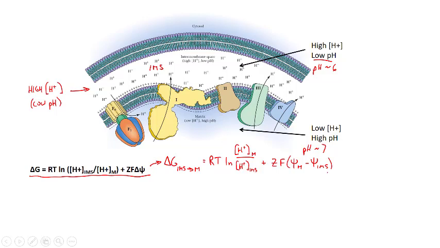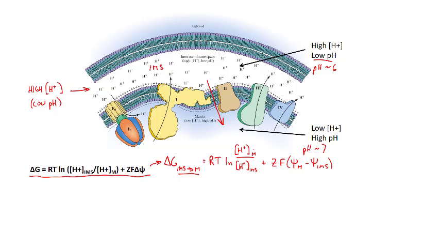All right, let's have a look at this equation right now. So we said that this is the free energy of moving from the intermembrane space to the matrix. So in other words, the opposite of the direction we've been pumping protons. We're talking about letting protons move this way, okay? If we were to allow a proton to move from the intermembrane space to the matrix, what would the free energy be?